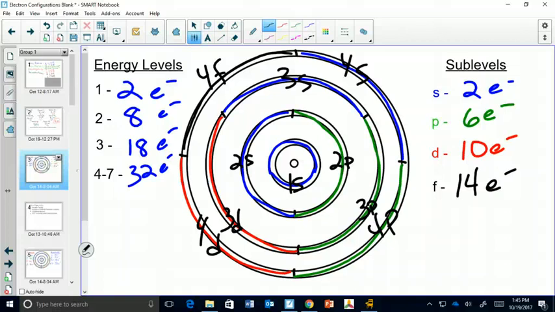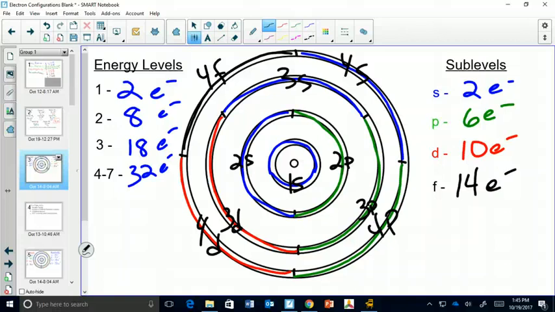So the valence electrons are on the outer ring? Always the outermost level. Where they are depends on what element it is. In what I've drawn here, the electrons in the 4th energy level would be the valence ones, out of all the electrons.